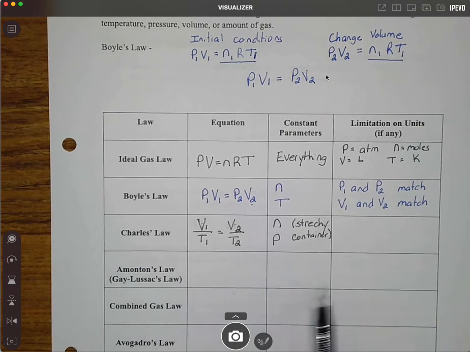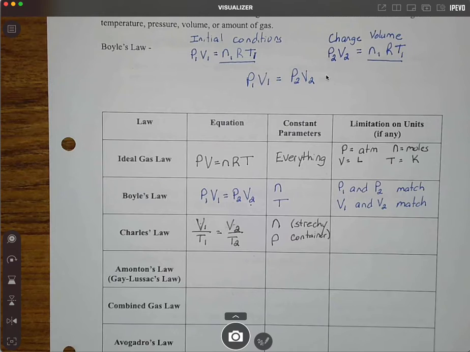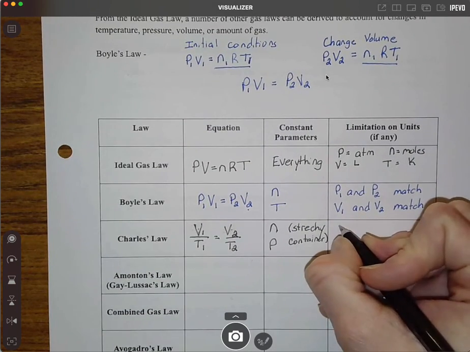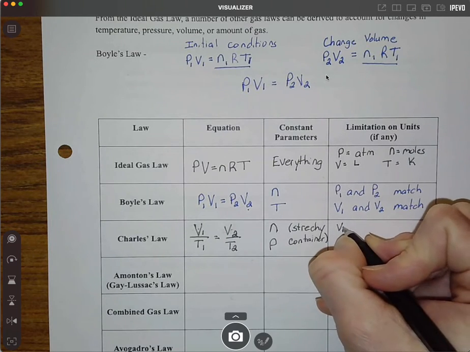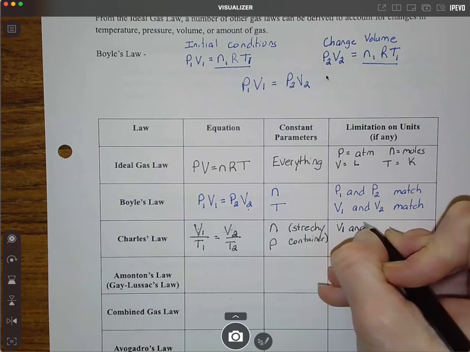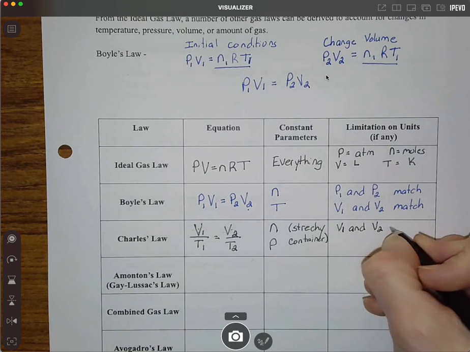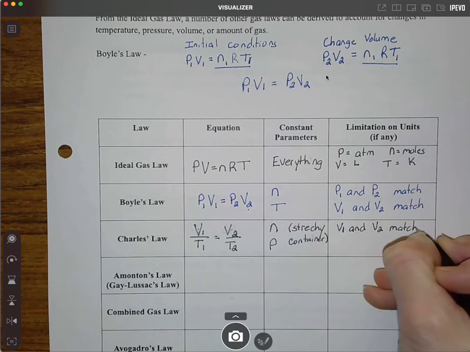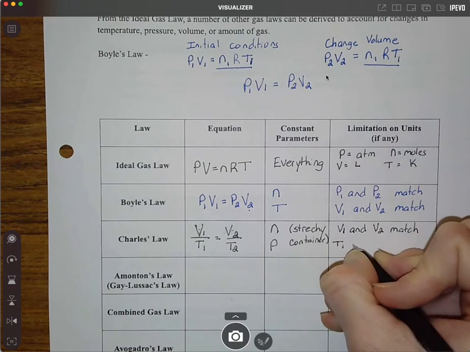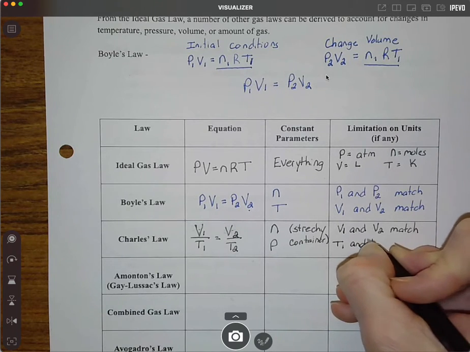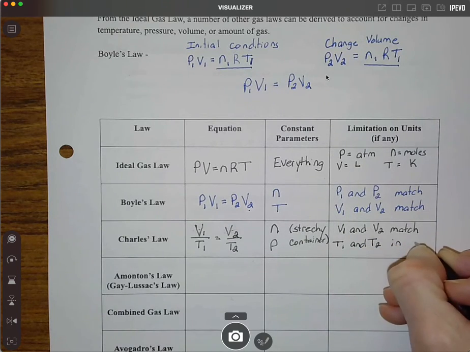Now, here we do have to worry a little bit about the temperature scale because we have to be operating on an absolute temperature scale. One that when the temperature goes to zero, the volume would go to zero as well. So while it's just a limitation that V1 and V2 match, T1 and T2 have to be in Kelvin.